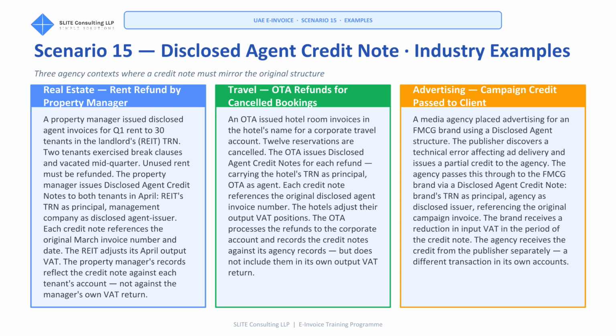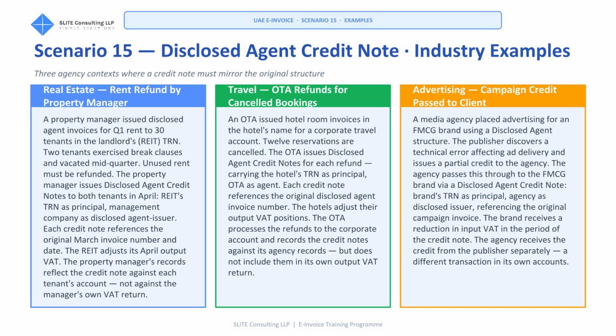The OTA processes refunds and records the credits against agency records, not its own output VAT return. Third, advertising. An agency placed advertising for an FMCG brand. The publisher discovers a technical error and issues a partial credit to the agency. The agency passes it through via a disclosed agent credit note. The brand receives a reduction in input VAT in the credit note period.